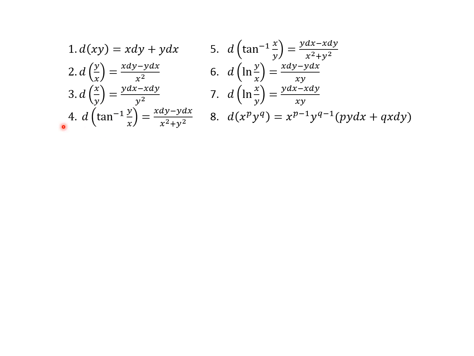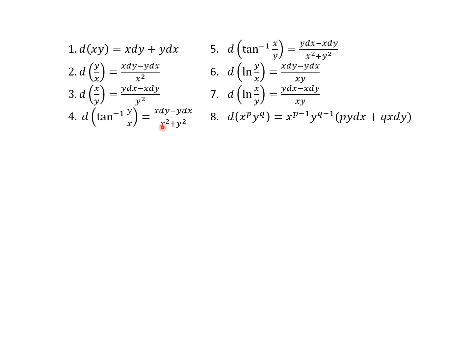Next is the derivative of the arctangent of y/x is (x dy - y dx), but this time the denominator is x² + y². The derivative of the arctangent of x/y is (y dx - x dy), and the denominator is also x² + y².